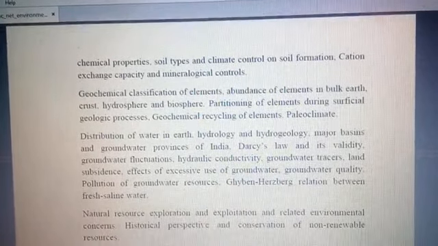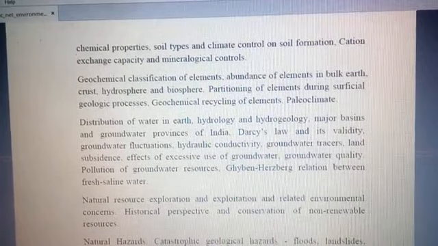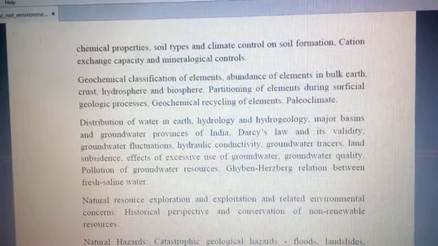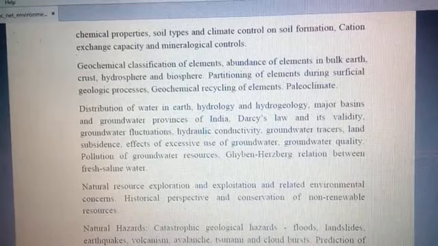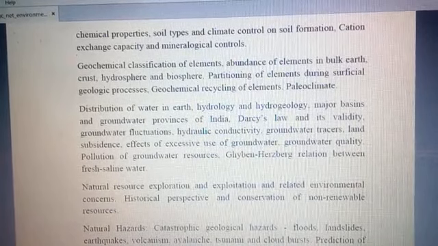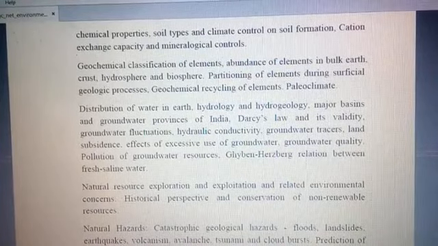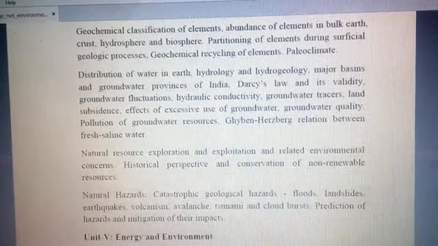And next one is natural resource exploration and exploitation and related environmental concerns, historical perspectives and conservation of non-renewable resources. Next one is the natural hazards, catastrophic and geological hazards: floods, landslides, earthquakes, volcanism, avalanches, tsunami and cloudburst, and the prediction of hazards and mitigation of their impacts.